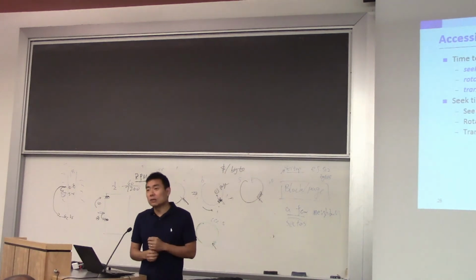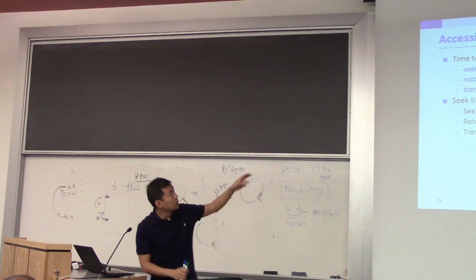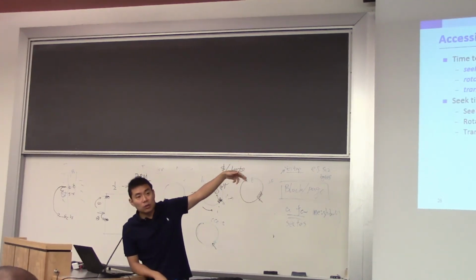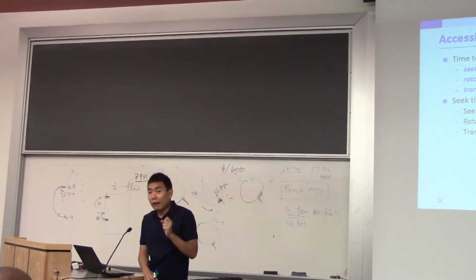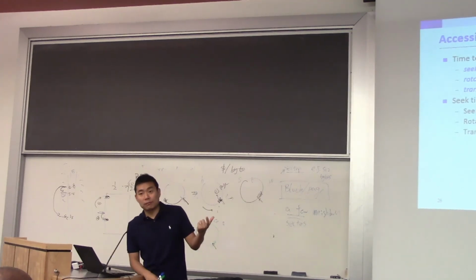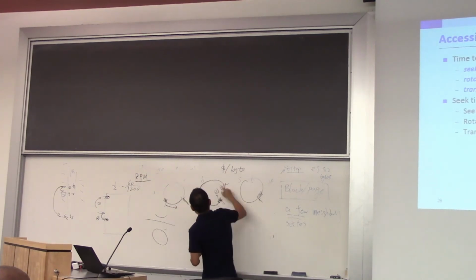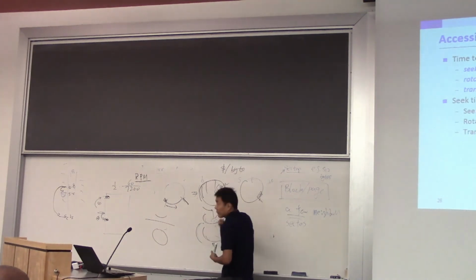In most cases, if you're reading a small amount of data, and you look at these three values, the total cost is dominated by seek time and rotation delay. You can safely ignore the transfer time. However, if you're reading a large amount of data, you cannot ignore the transfer time. For example, you're reading this plus all the other tracks.